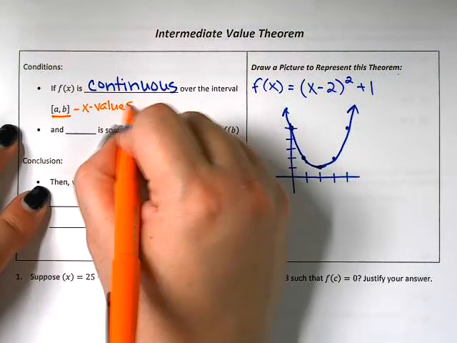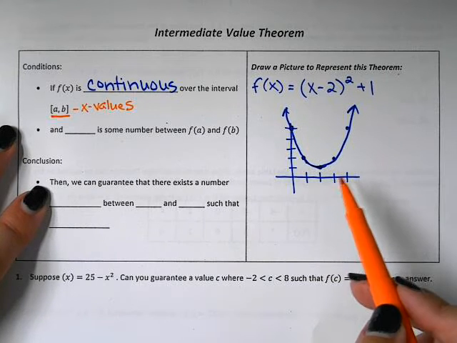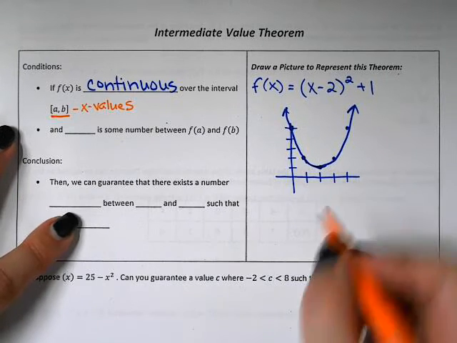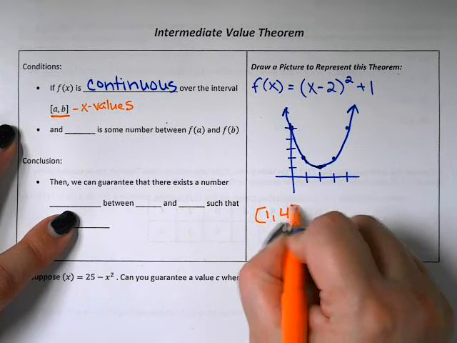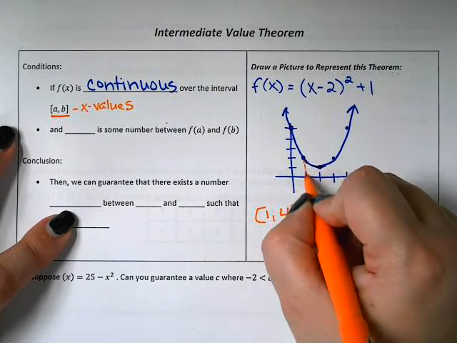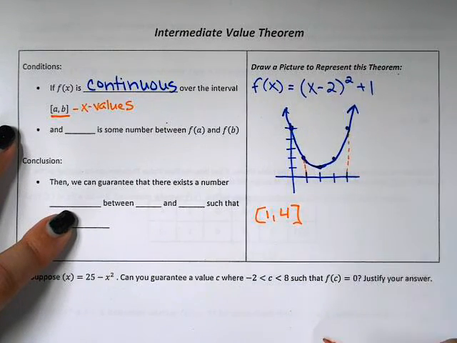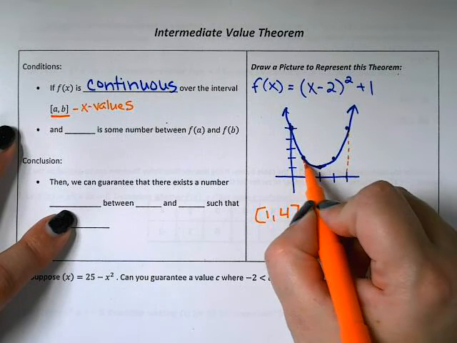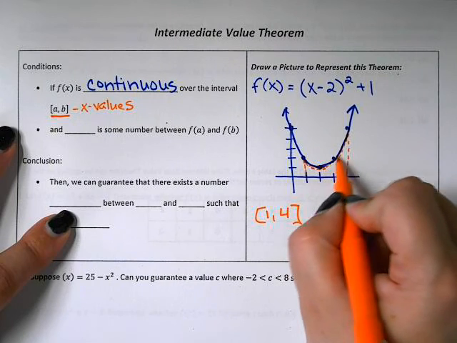Values, Miss J. So what I want to do is look specifically at our parabola, and I want to look at the interval from 1 to 4. All right, so here's x equals 1, and here is x equals 4. So I'm really looking at this portion of my parabola.